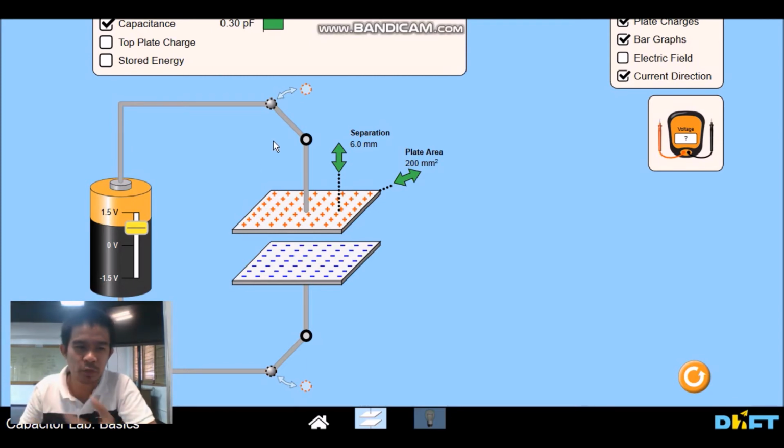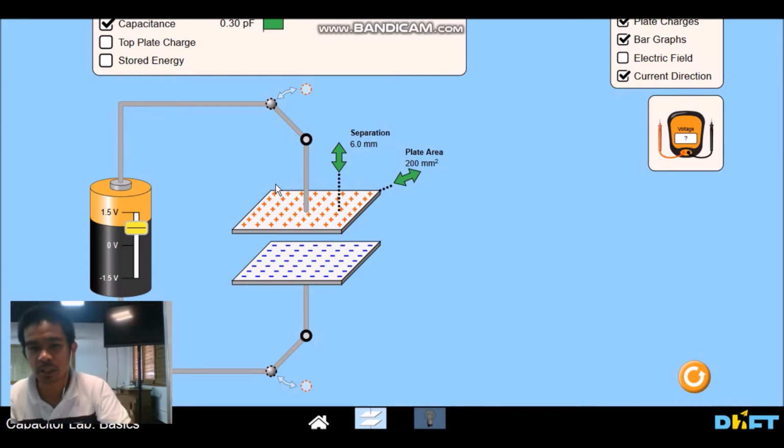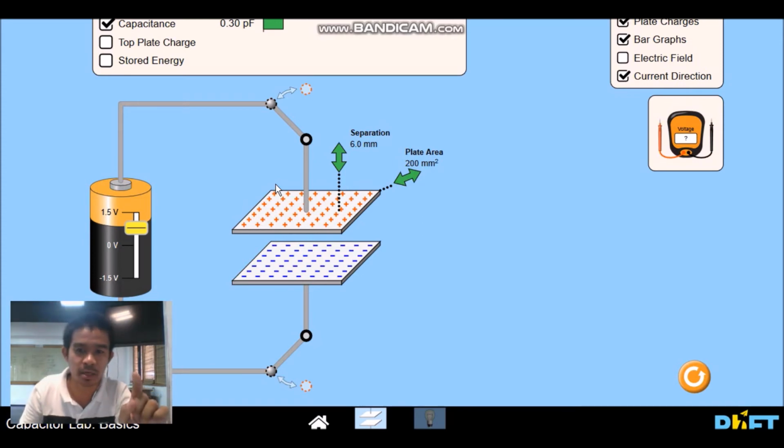From the equation C equals the permittivity of free space times area over distance of these two plates, capacitance is directly proportional to the area, but inversely proportional to the distance between these two plates.